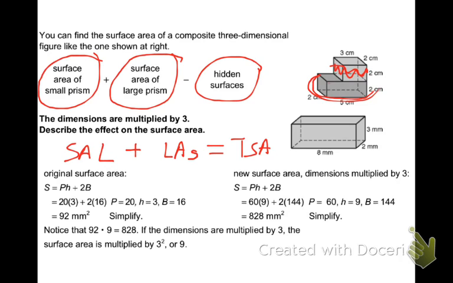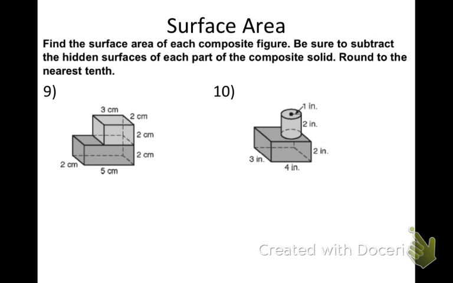Okay, so let's try number 9 here. Find the surface area of each composite figure. Be sure to subtract the hidden surfaces of each part of the composite solid, round to the nearest 10. First thing I want to do is find the surface area of the big figure. So I want to find the surface area of the bottom prism here.